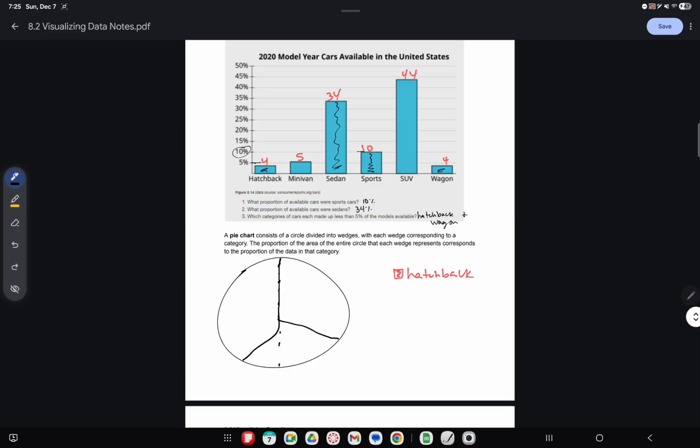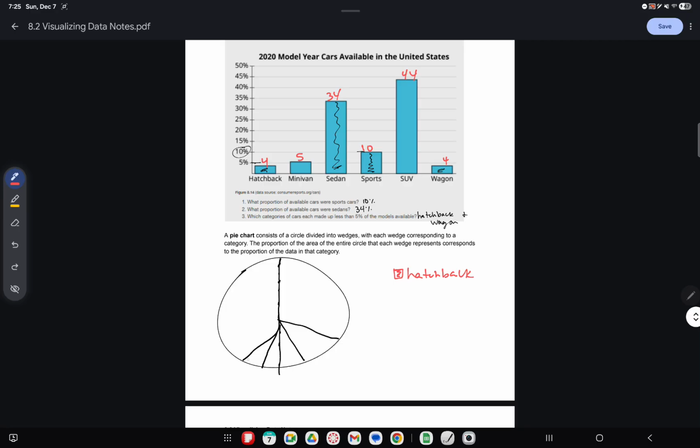And then we have 2 of them that are 4%. One of them is 10%. And then the rest, let's just divide it in 3. I'm doing my best to try and make things a little even.